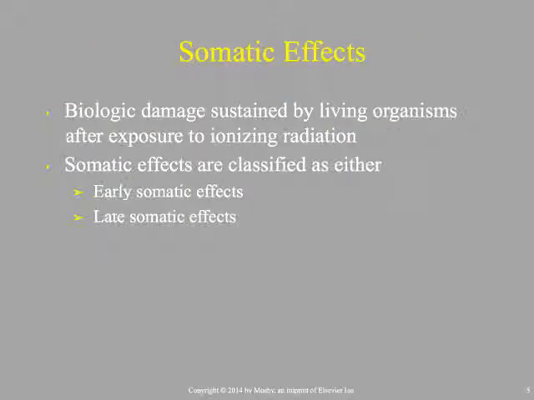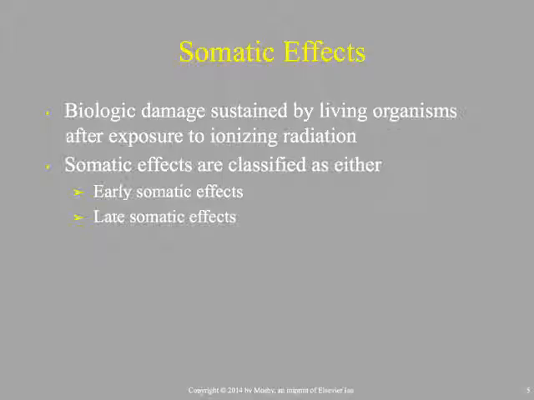When we talk about somatic effects, again, somatic is anything related to the cells of the body, like the non-reproductive cells of the body. Cells that reproduce by mitosis, right? When we talk about the somatic effects, we're going to define that as the biologic damage sustained by living organisms after any exposure to ionizing radiation.